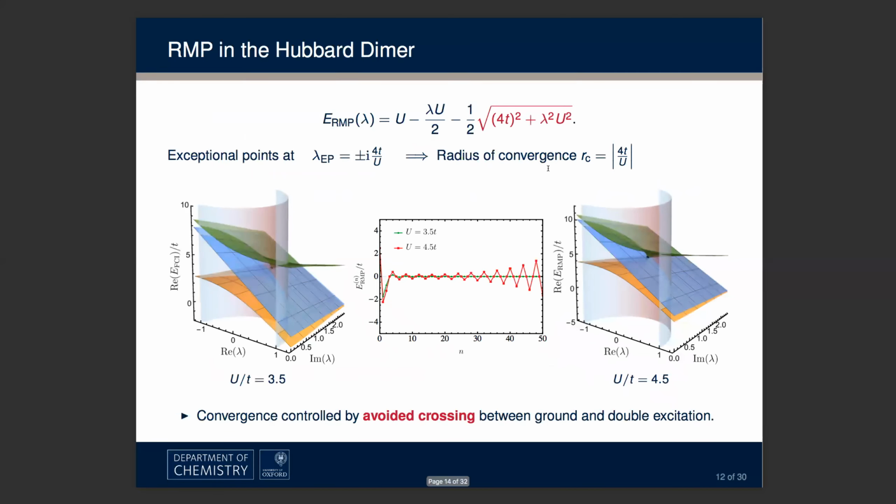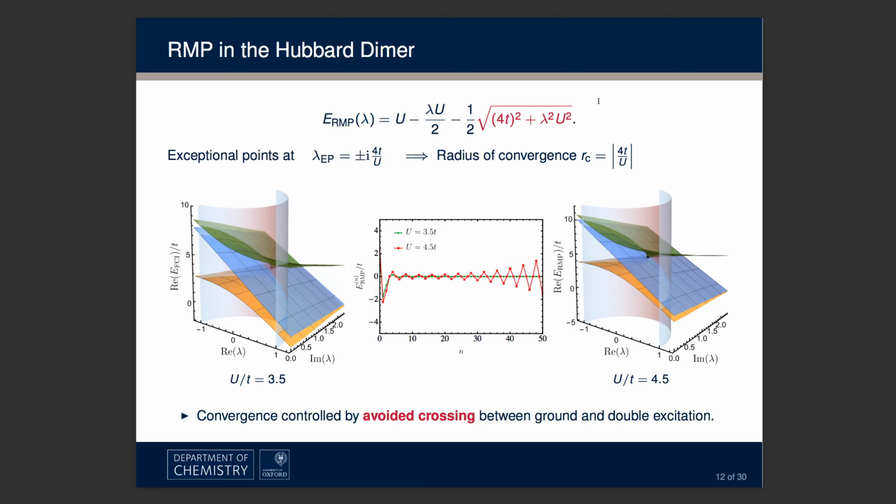So what does this look like in our restricted Møller-Plesset series? Here we can derive the exact expression of our RMP energy with this complex lambda parameter. Again, you see this square root term appearing in the energy. If you take lambda equals 1, this will recover your exact FCI energy.